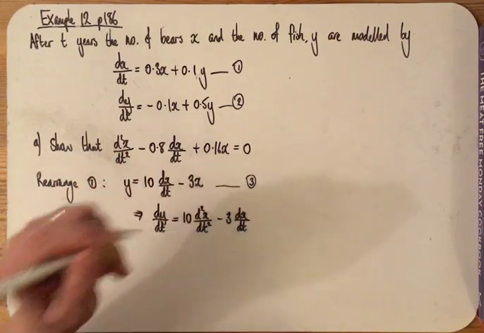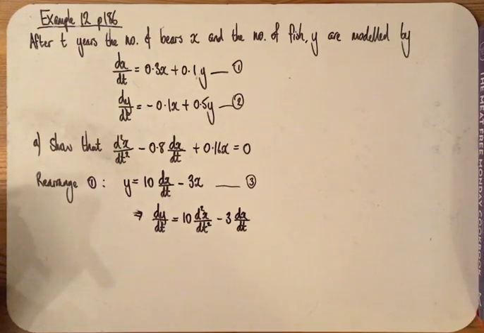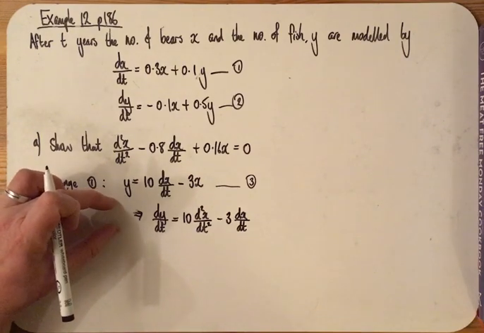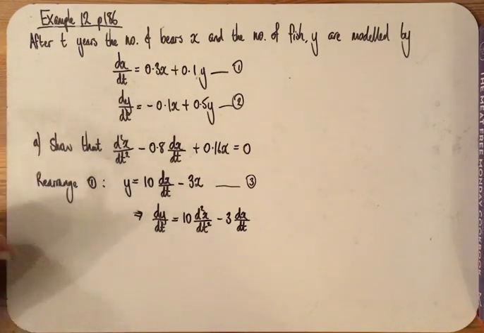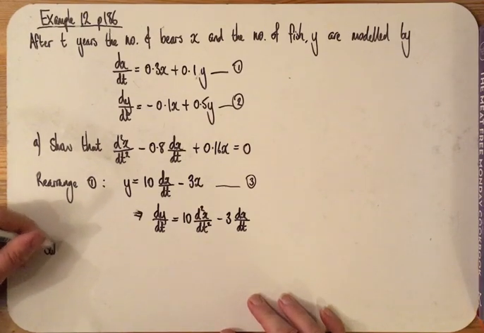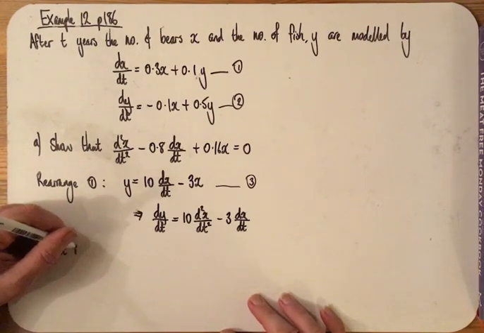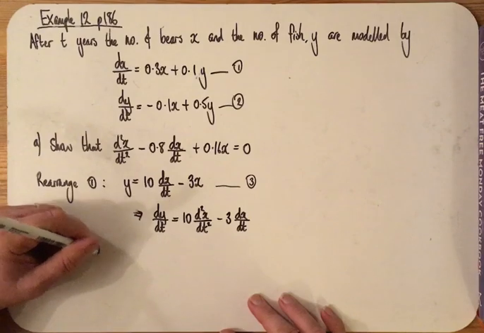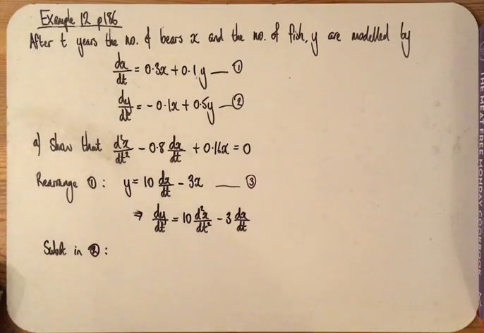So you're basically doing implicit differentiation there. And then I can substitute both of these into 2. So you're rearranging one, differentiating, substituting into the other, and that's your method for this.